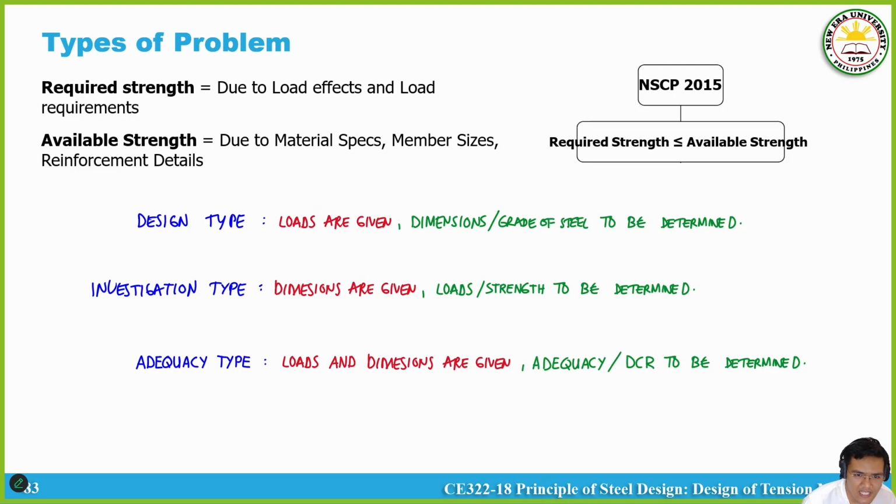Ang itatanong is adequate ba, or ipapacheck yung adequacy, or yung ibang way to check yung adequacy is yung tinatawag nating demand capacity ratio or DCR. So yun yung mga i-define mo, kung safe ba yung given structure mo. Okay? So let me emphasize, you need to be aware on how to categorize yung mga types of problem na binibigay sa inyo para ma-solve nyo siya ng tama. Okay?